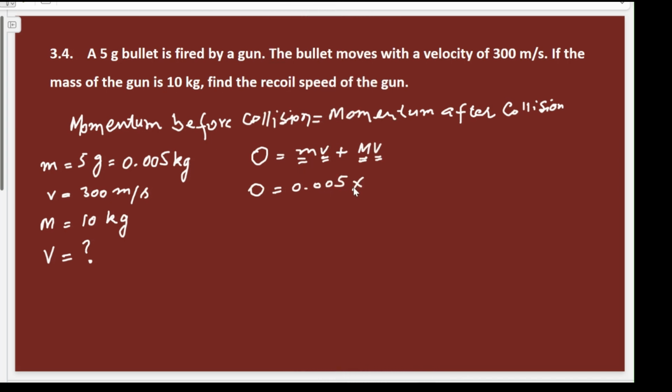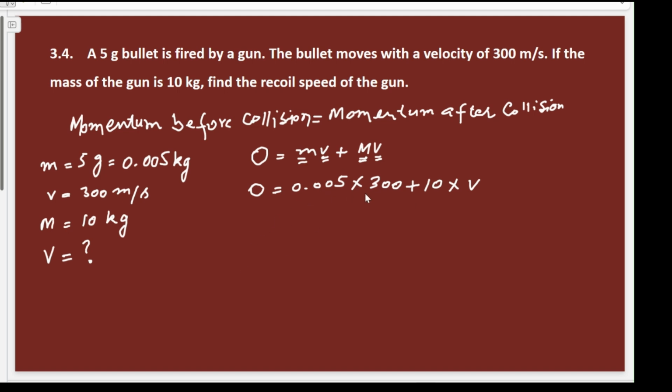Now we put the values: 0 equals mass of the bullet 0.005, multiplied by v, the velocity of the bullet, this is 300, plus mass of the gun, it is 10, and multiplied by the velocity of the gun, which we have to calculate. We will write capital V here.